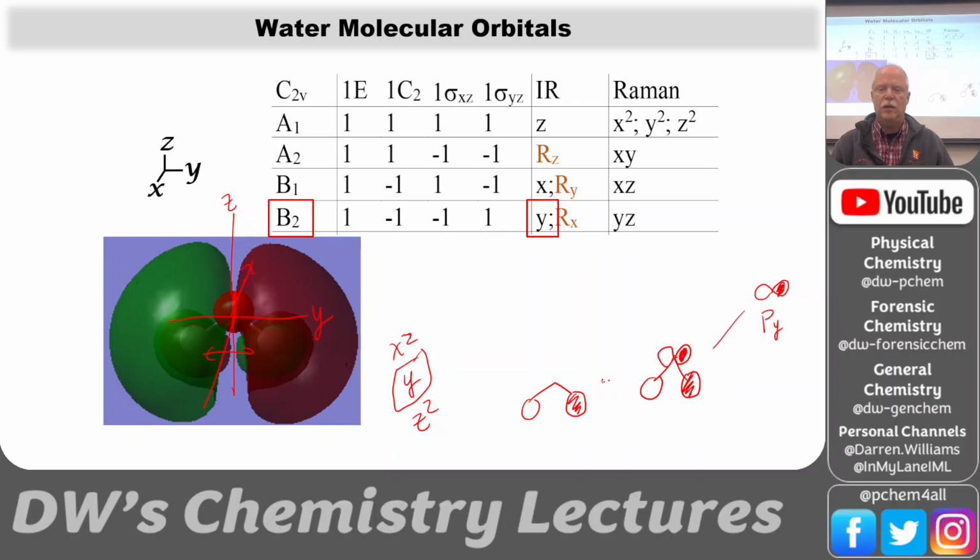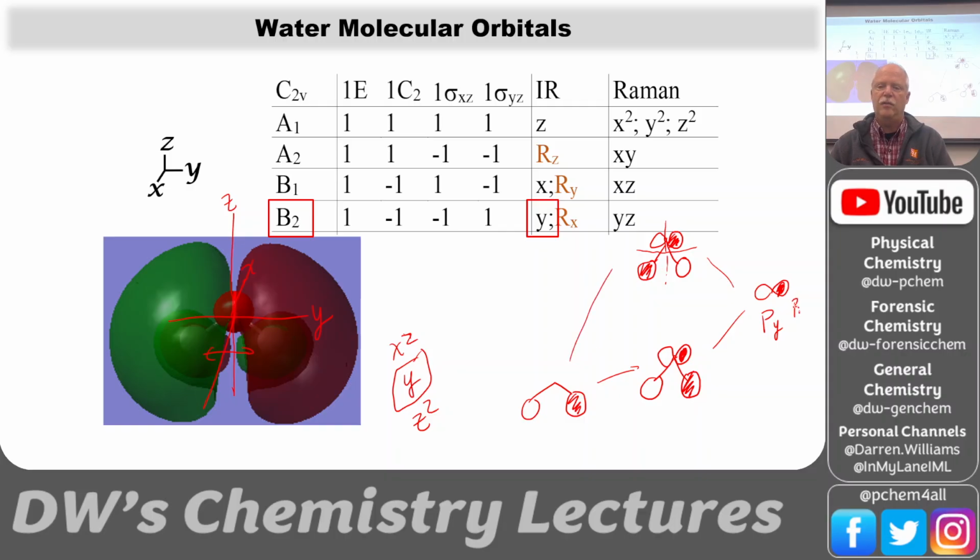And then the one where they're out of phase with each other, then we've got a bunch of nodes. We've got a node here, we've got nodes there. And so that's more nodes, you got a higher energy. And so this would be the higher energy, also B2.